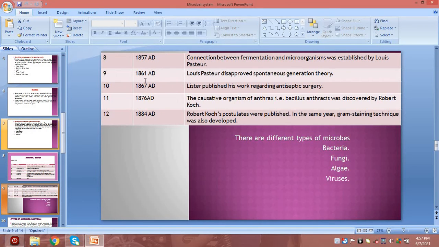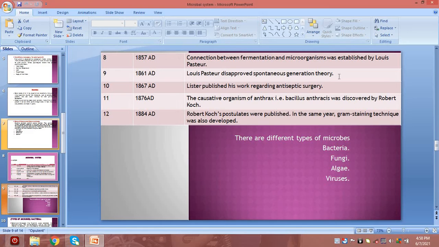Then in 1861 AD, Louis Pasteur disapproved the spontaneous generation theory. The spontaneous generation theory states that living organisms arise from non-living matter.